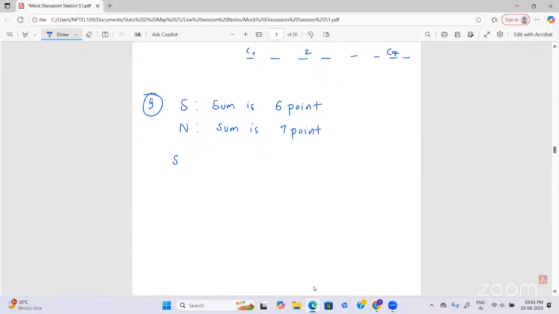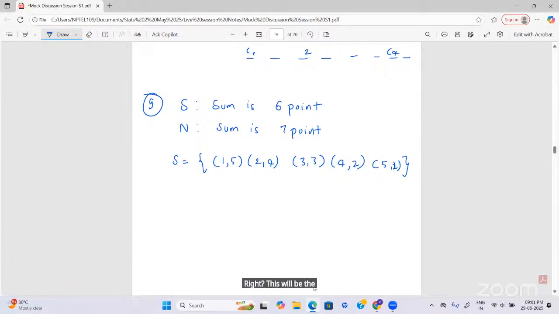So if I write the set S, the sum is 6, which means it will include (1,5), (2,4), (3,3), (4,2), and (5,1). Right? This will be the set for S.